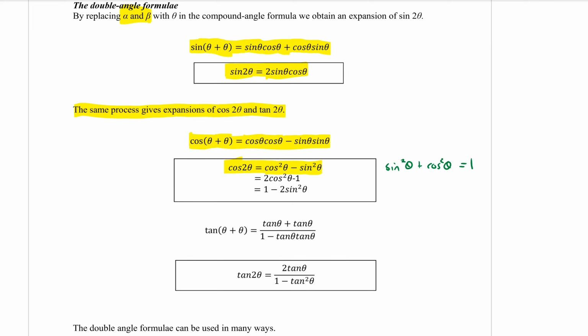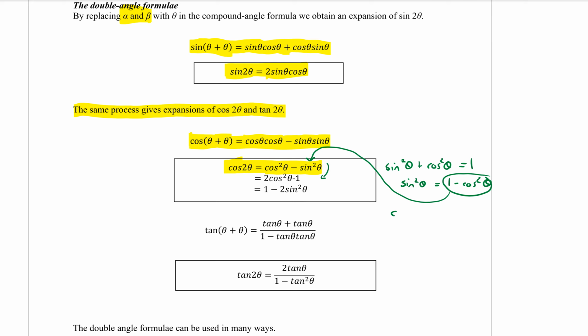So to get to the second formula from that first one, I'm trying to eliminate the sine. So let's rearrange this identity, and I would say sine squared theta is equal to 1 minus cos squared theta, and I would sub this 1 minus cos squared theta in for the sine squared theta. Let's give that a go.